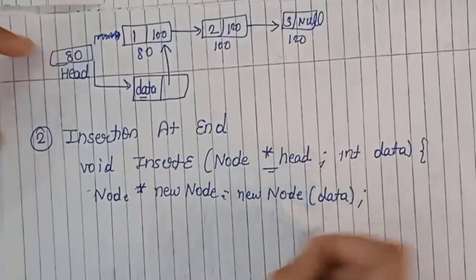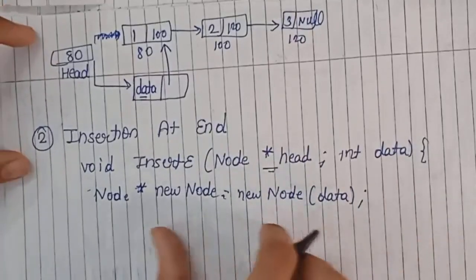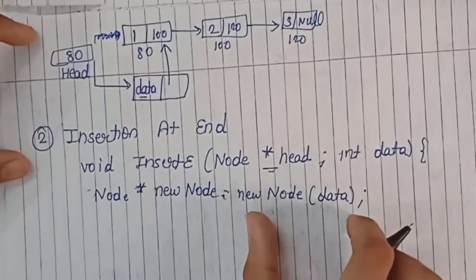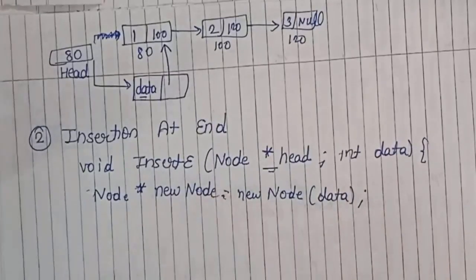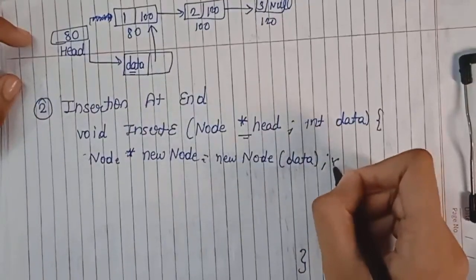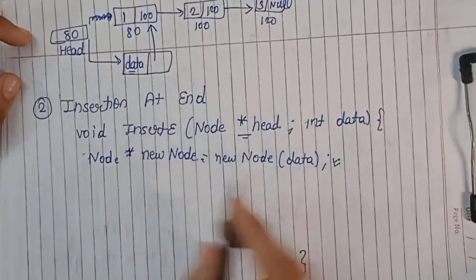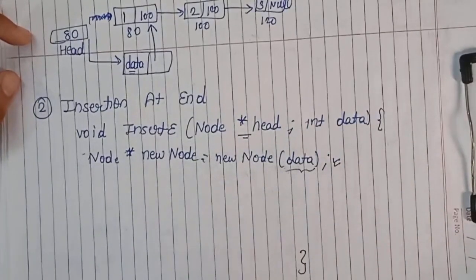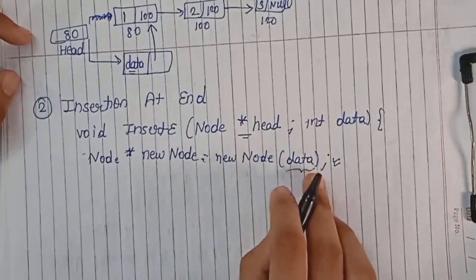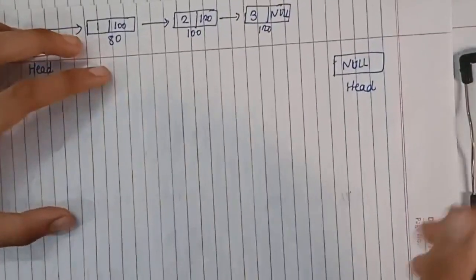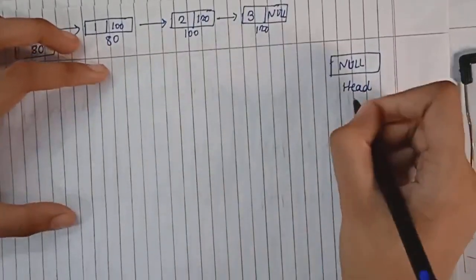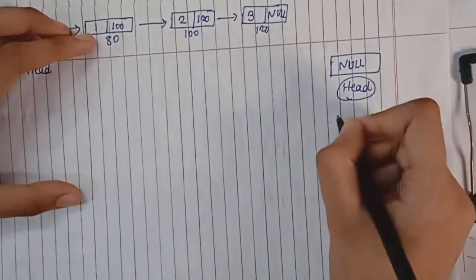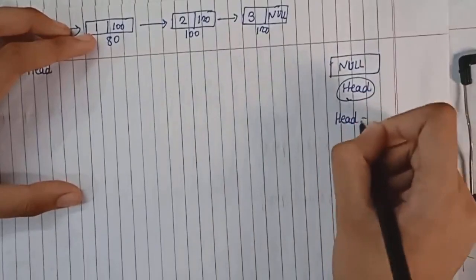So let me just explain you before writing the code what I am going to do here. So now till this code line we have just created the new node with the given data. So now what we need to do next is, first of all we will check the condition here, whether head is equal to null or not.